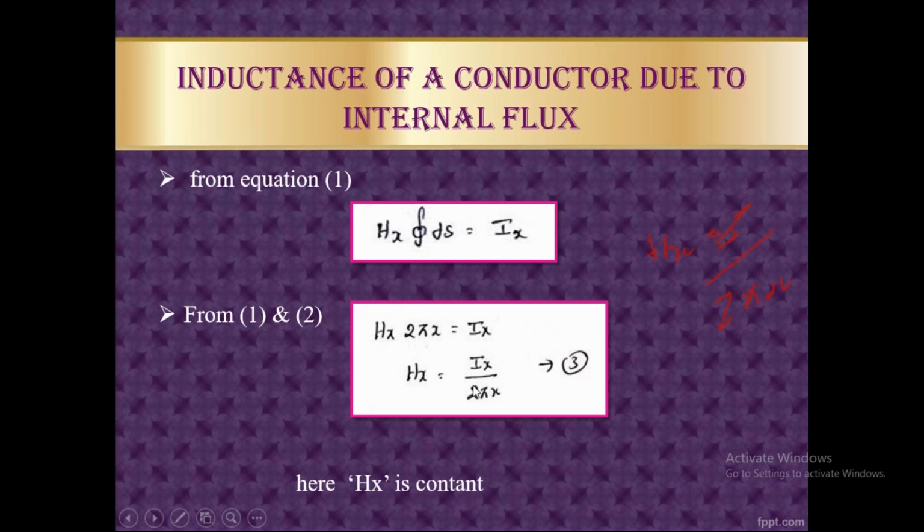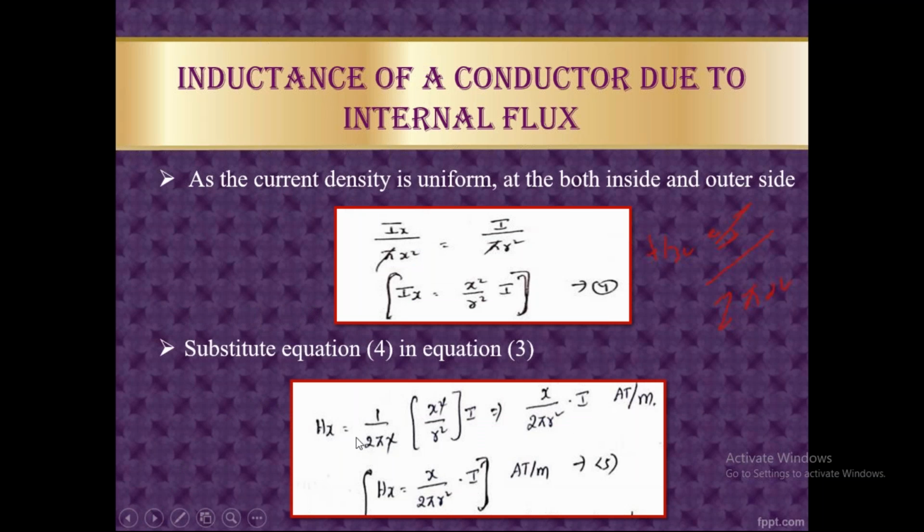This is equation 3 we obtained previously. Now we know the value of Ix. If you substitute equation 4 in equation 3, you will get Hx equal to 1 by 2 pi x, and instead of Ix I am substituting x square divided by r square into I. So one x will cancel. Finally we get Hx equal to x divided by 2 pi r square into I, ampere turn per meter.